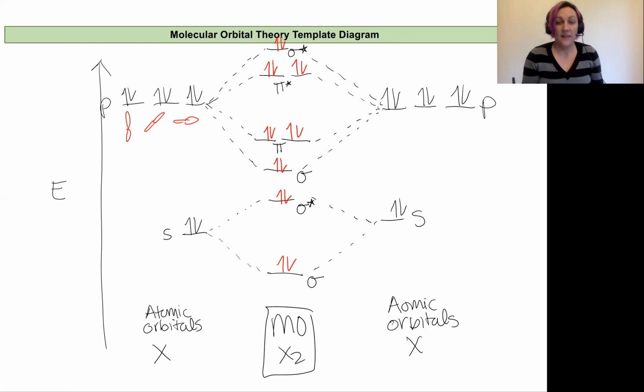All right. And then I could calculate my bond order by calculating the total number of bonding electrons I had. And so my bonding electrons that I would count would be these ones I'm highlighting in green. It'd be anything that was in a bonding orbital.